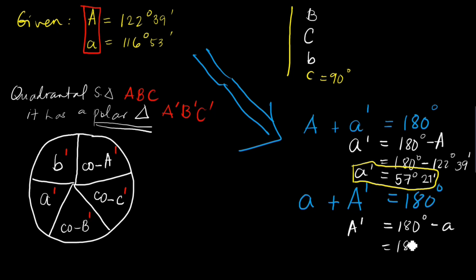So let us just substitute 180 degrees minus 116 degrees and 53 minutes. Then use your calculator. So that is 180 minus 116 degrees, 53 minutes. So the answer is 63 degrees and 7 minutes.